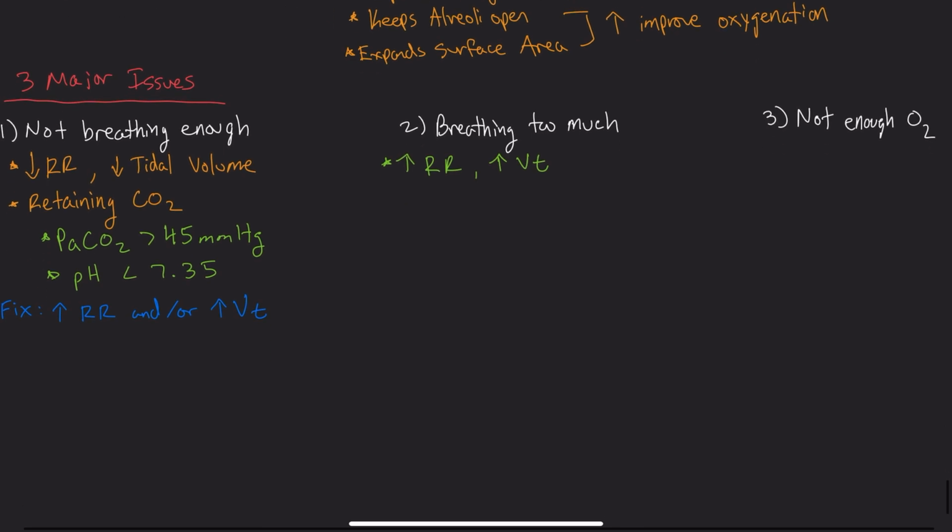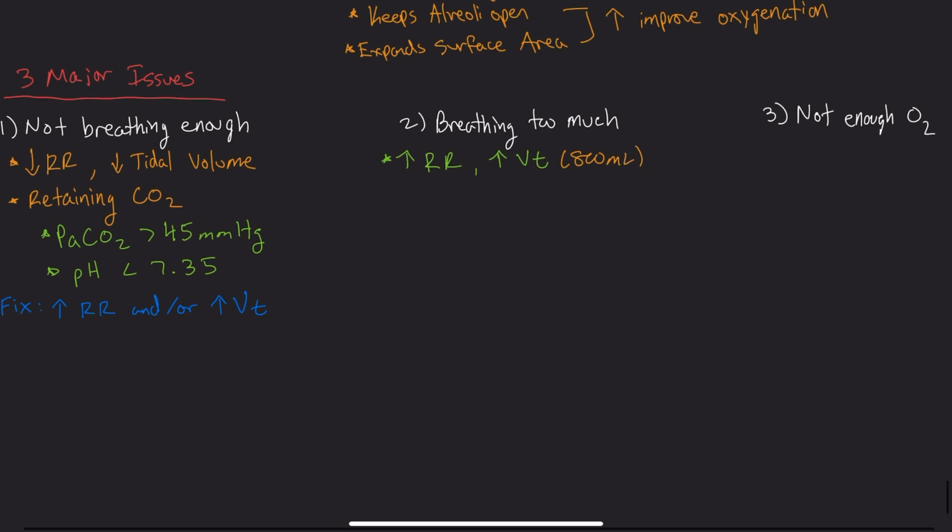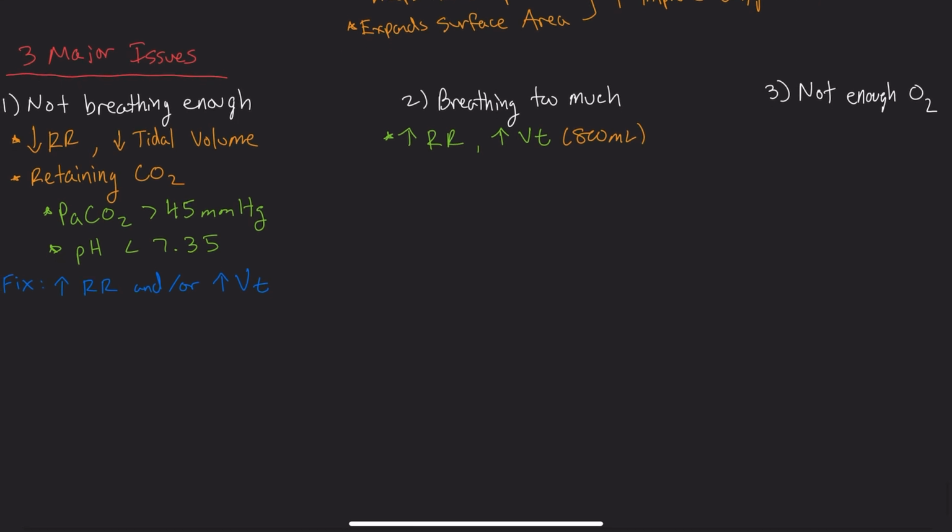They're taking really big breaths. So the patient's either breathing too fast, too many breaths per minute, or taking really large breaths, so an elevated tidal volume. So the issue, if they're breathing too much, is they're blowing off lots of CO2, right?